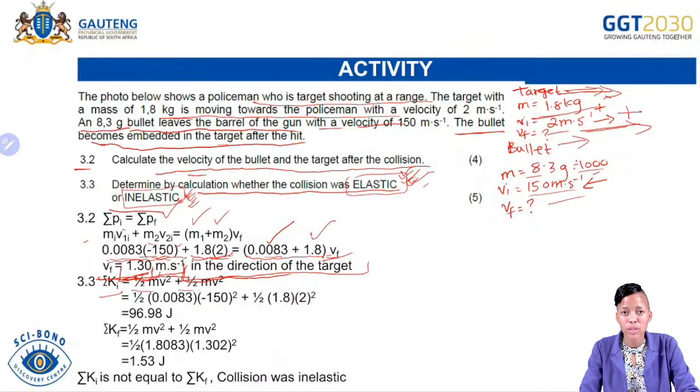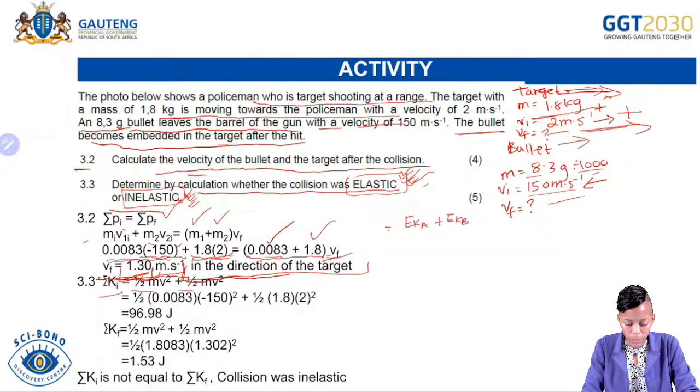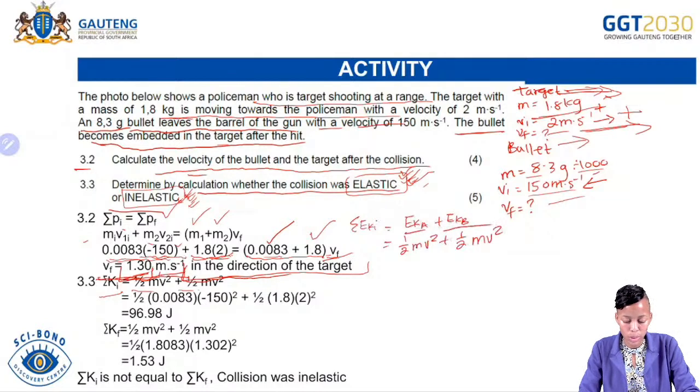So now you have to calculate the kinetic energy of object A plus the kinetic energy of object B. You are calculating the kinetic energy for object A and the kinetic energy for object B. You can decide which one is your object A and which one is your object B.